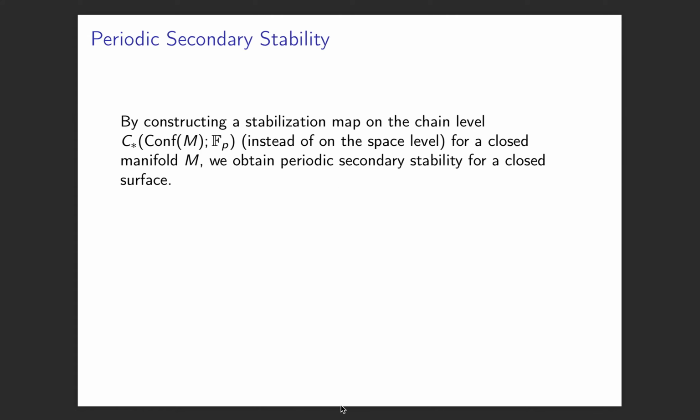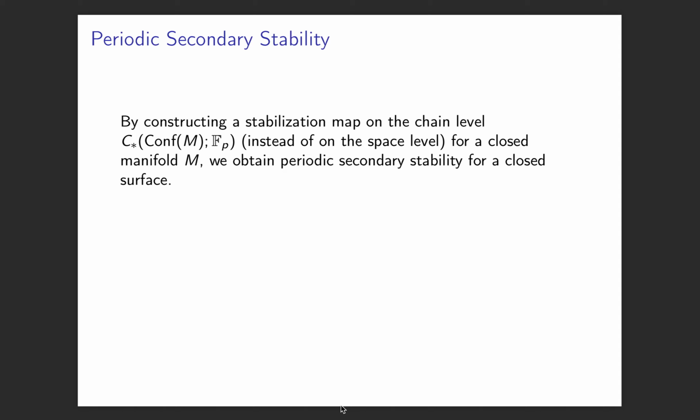But something that I think is kind of nicer is that instead of getting just ordinary periodic homological stability for a closed manifold, we can actually obtain periodic secondary stability for a closed surface.